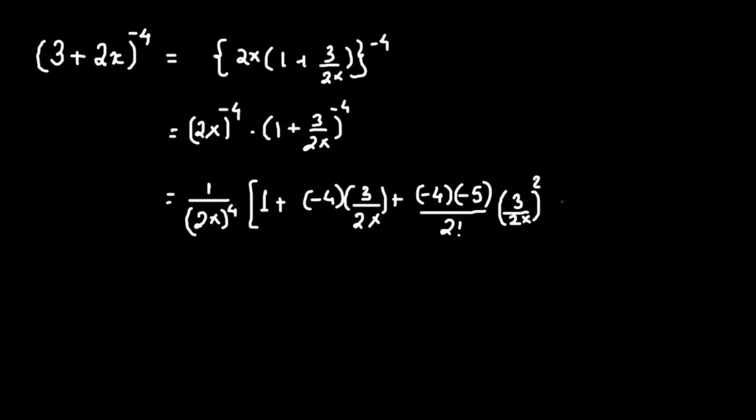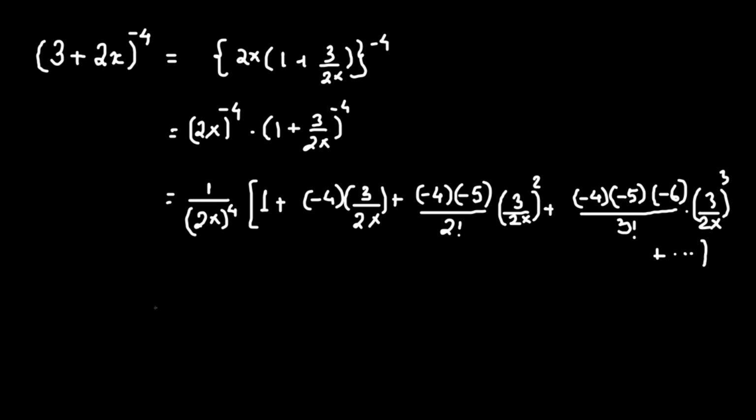And the fourth term will be negative 4, which is n, times negative 5, which is n minus 1, times negative 6, which is n minus 2, divided by 3 factorial, times x cubed. So our x cubed will be (3/(2x)) whole raised to the power of 3,] and the rest of the remaining terms.